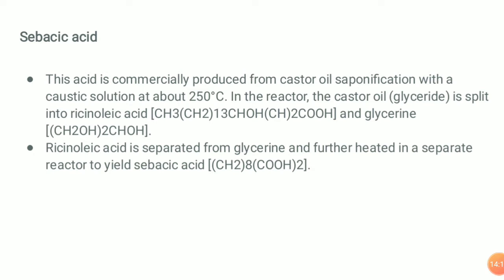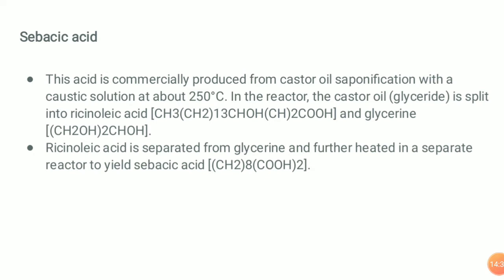In the reactor, castor oil is split into ricinoleic acid and glycerin. Ricinoleic acid is separated from the glycerin and further heated in a separate reactor to yield sebacic acid. It is a simple process of saponification.